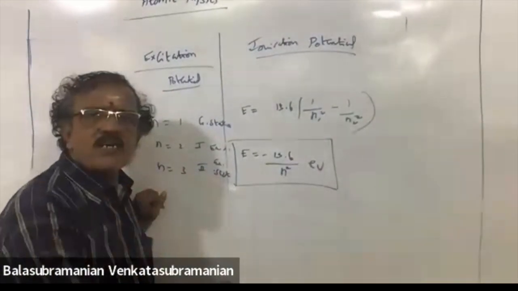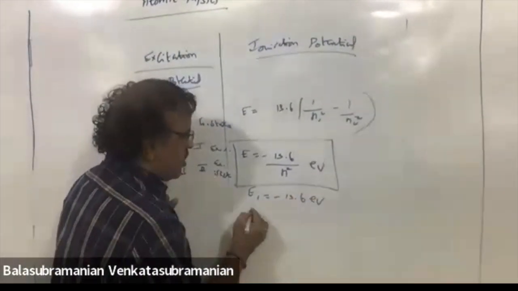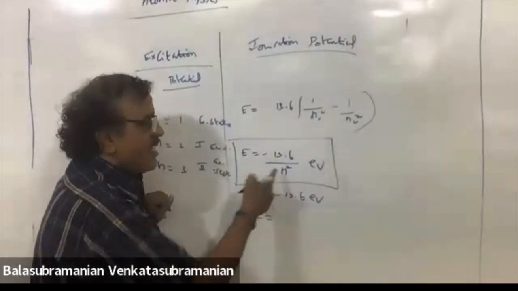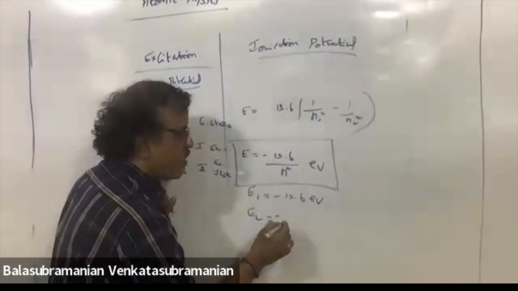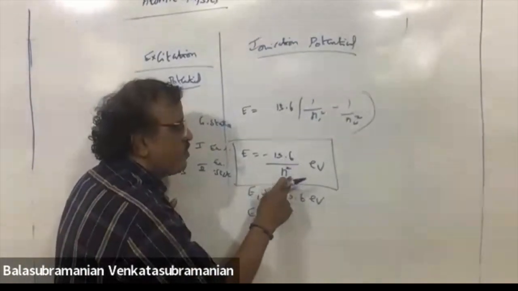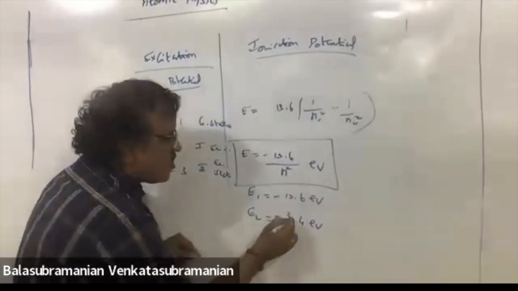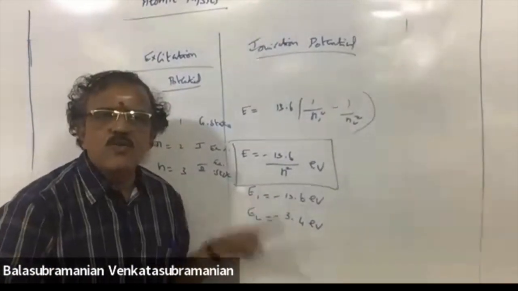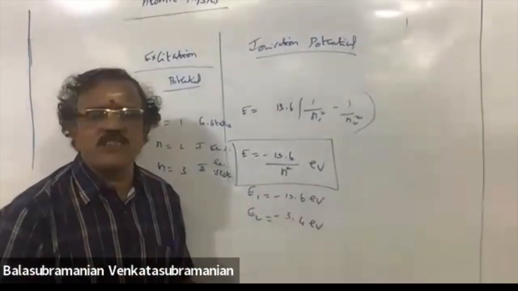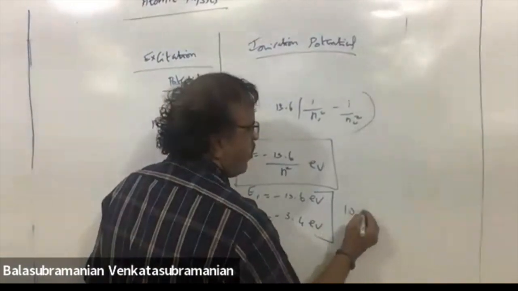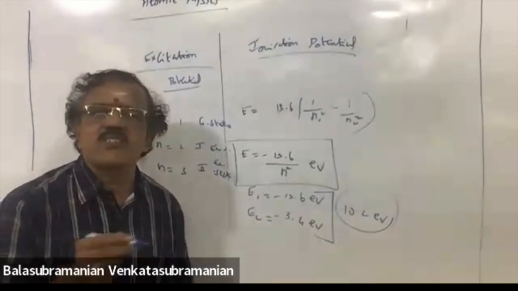N equal to 1, E1 is minus 13.6 electron volt. N equal to 2, E2 is minus 13.6 by 2 square, minus 13.6 by 4, minus 3.4 electron volt. E2 minus E1, if you calculate, you will get minus 3.4 minus of minus 13.6, so you will get 10.2 electron volt.